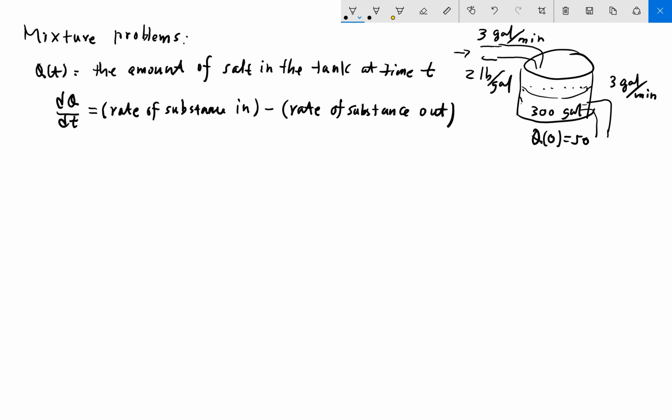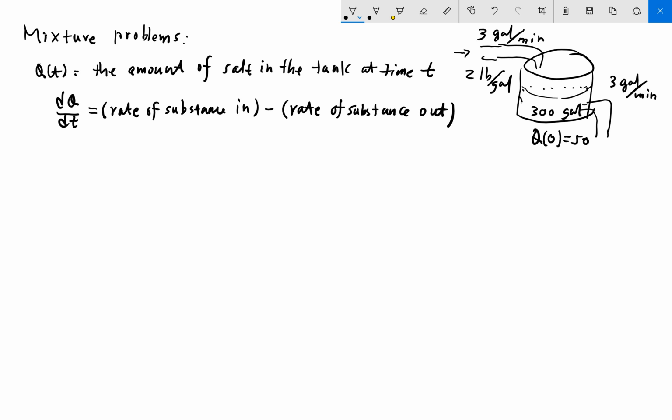The concentration of the solution pumped into the tank is 2 pounds per gallon. The solution pumped in mixes with the solution in the tank, making them well mixed, then it is pumped out at 3 gallons per minute.